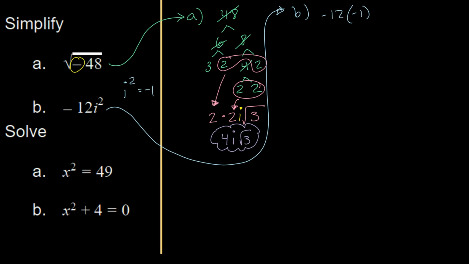What is negative 12 times negative 1? 12. Done. Wait, what's i by itself? A plain i is the square root of negative 1. i squared is negative 1.